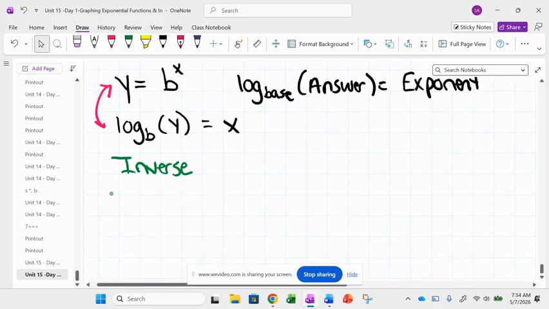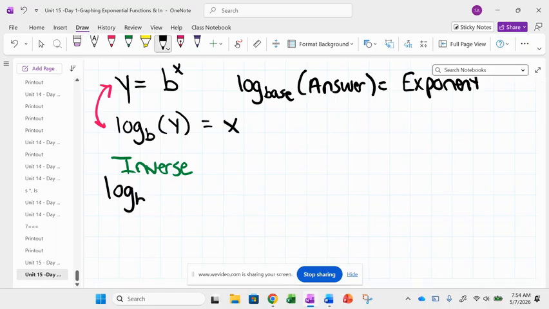So I'm going to have log base b of x equals y. Well, is y already solved for? Yeah, so we're good. So this is our inverse equation.